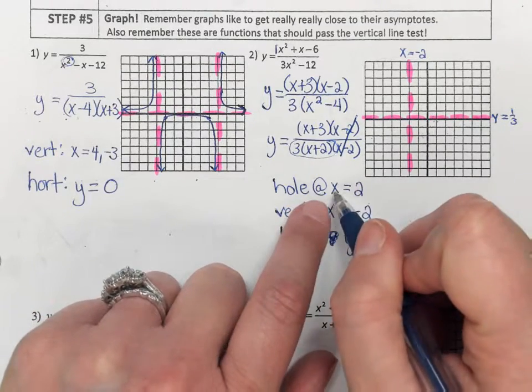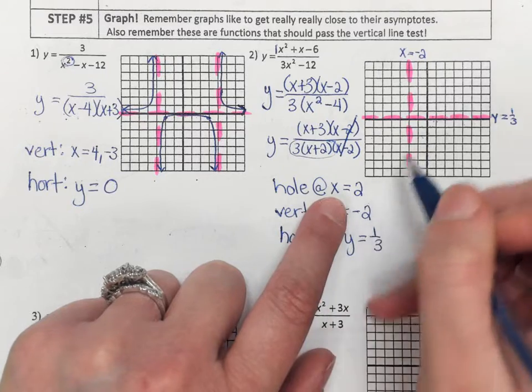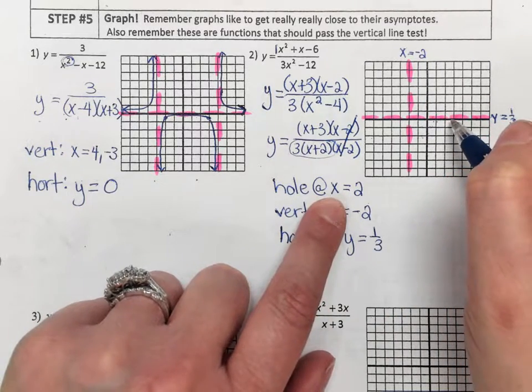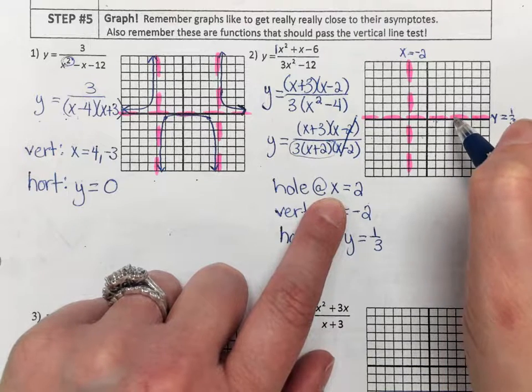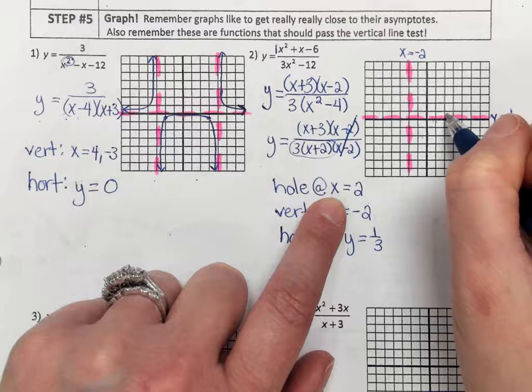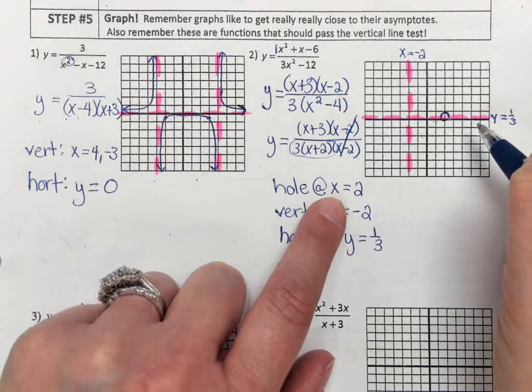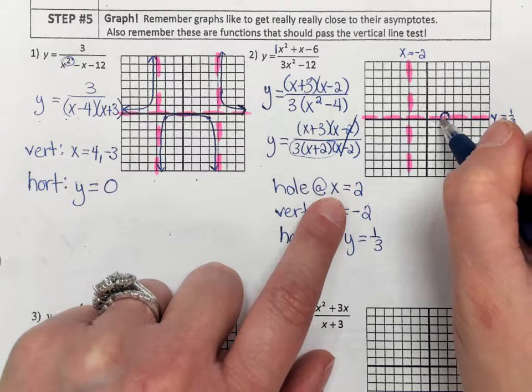Okay, so at x equals 2, there's going to be a big, round nothingness, right? Does that make sense to everybody? Okay, so in our case, it doesn't really affect us much. Just draw a big, fat, open nothingness at x equals 2, okay?